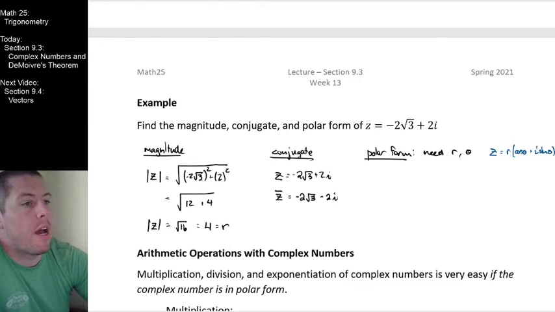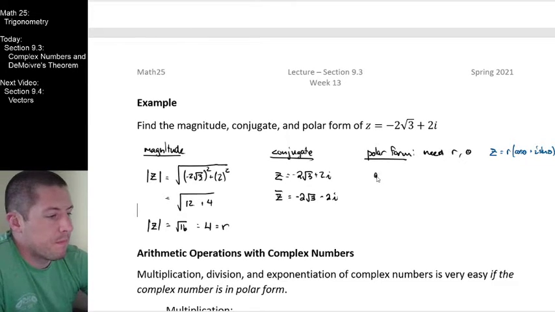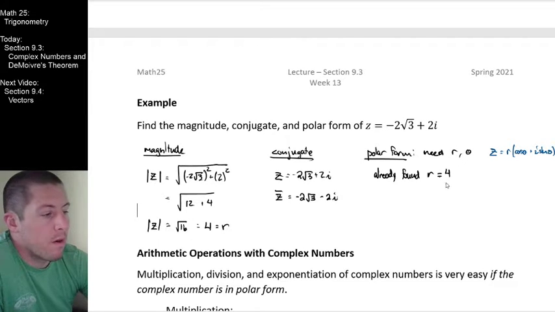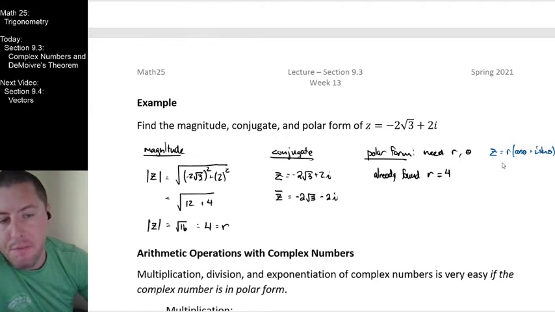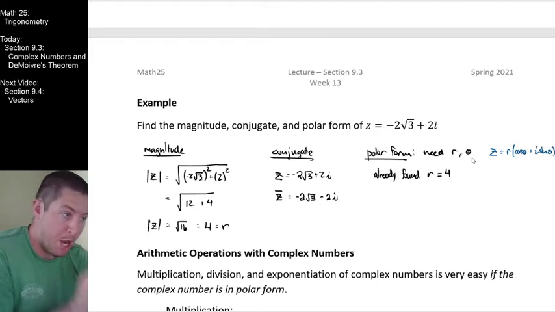Well, the good news is that we already found r to be 4. So what I'm thinking to myself is, let's take this number z and factor 4 out of it, because I want my z to ultimately be written as the magnitude, r, as a number that is factored out from the other terms right here.